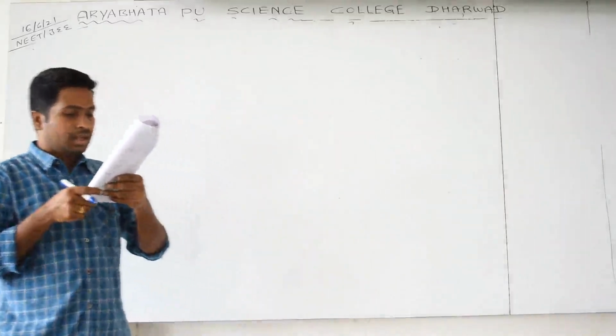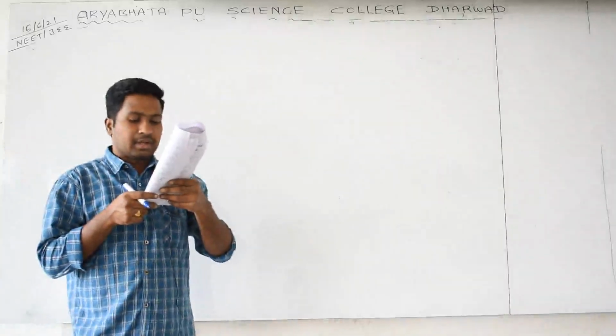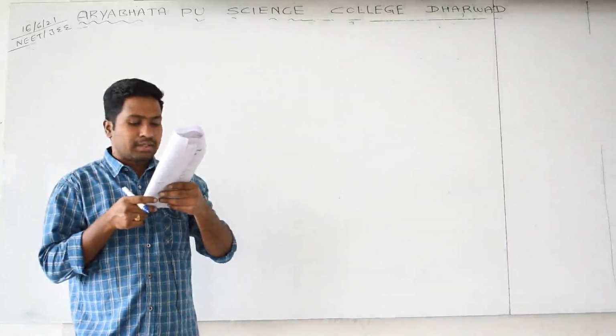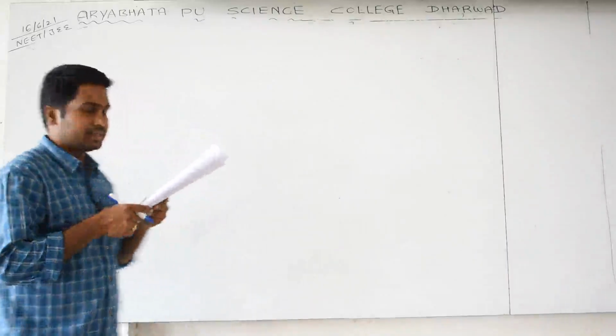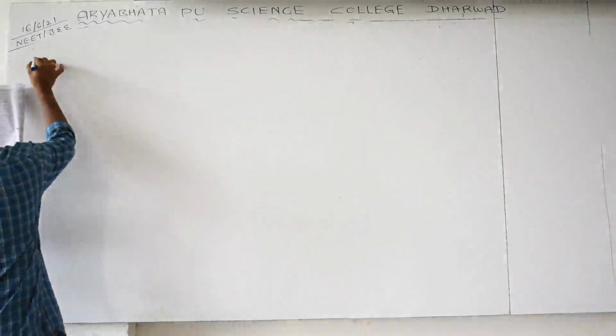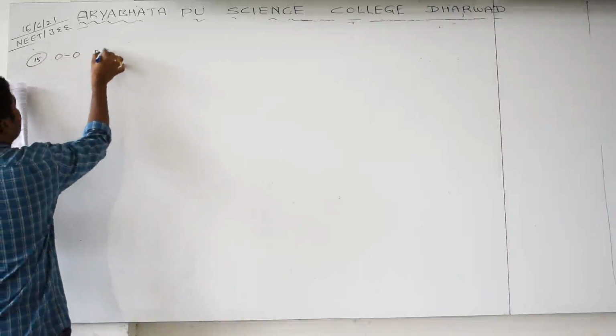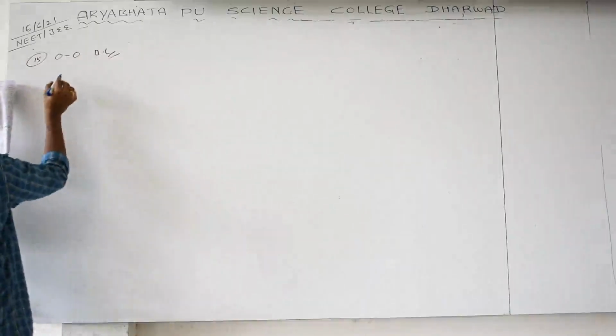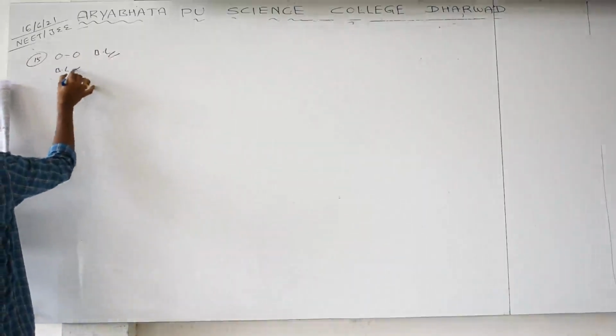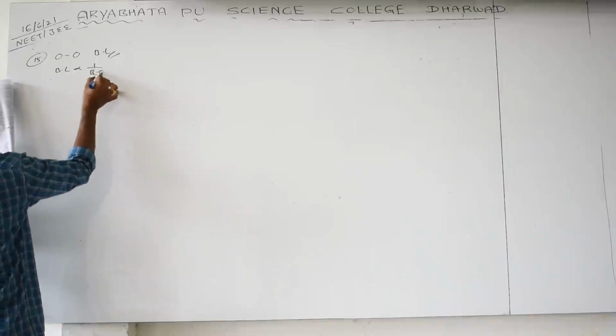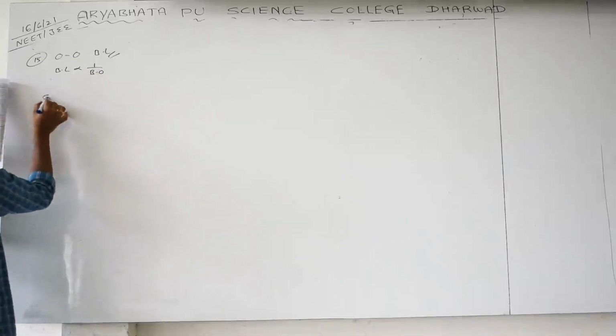We check it. Next, 15th bit, the correct order of O-O bond length increasing in the following species. Good question. O-O bond length order is asked. Bond length is inversely proportional to bond order. What species is given?